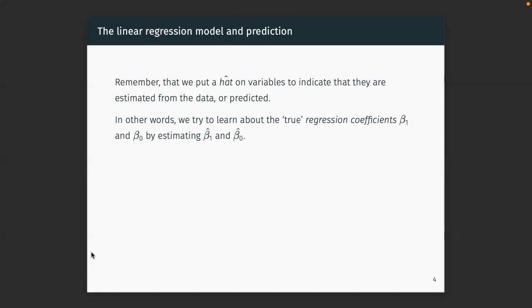There is some hypothetically true linear relationship that relates the variables x and y, but we only have a sample of x and y. We do not have all of the possible values of x and y. So what we're computing is one possible value of beta 0 and one possible value of beta 1.